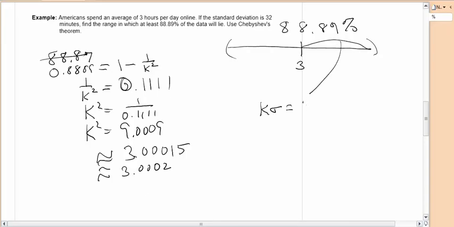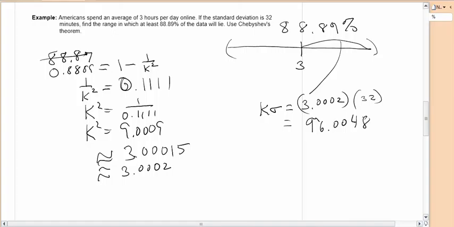So k times sigma would be, sigma here is 32. And I get 96.0048.